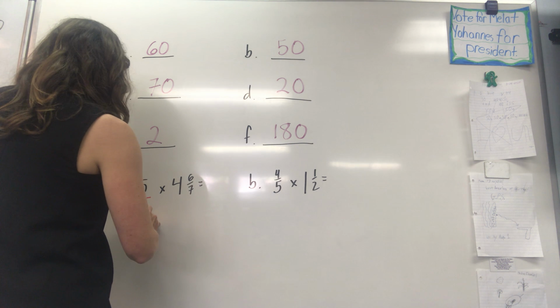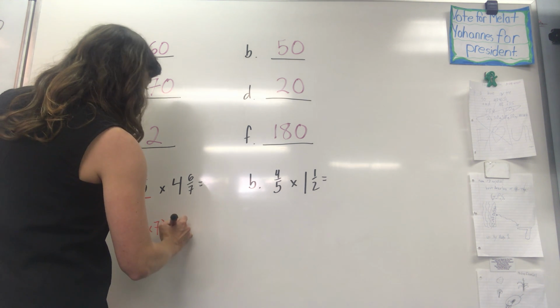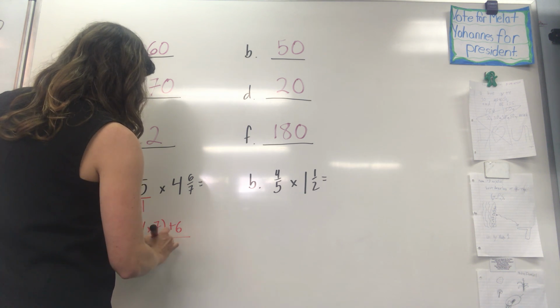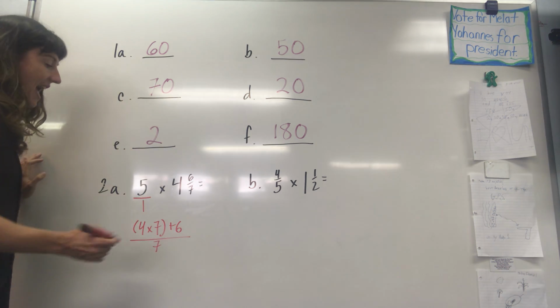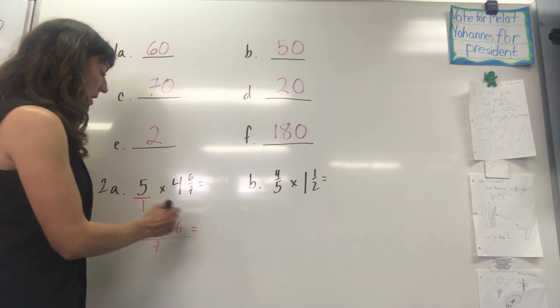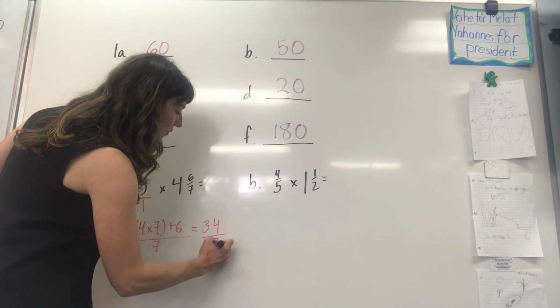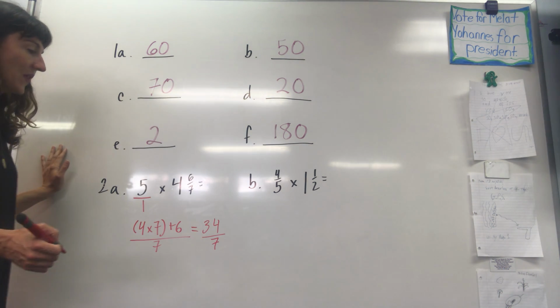So here we go. In parentheses, 4 times 7 plus 6 all over 7. That equals 4 times 7 is 28, plus 6 is 34, all over 7. Okay?